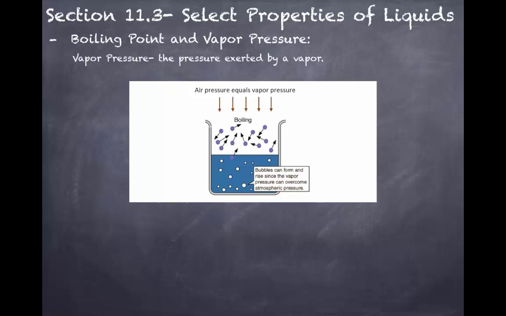So for example, water, which has strong hydrogen bonding for its intermolecular forces, has a very high boiling point. It has a boiling point of 100 degrees Celsius. If you looked at other substances, for example, alcohol or certain oils, their boiling points are much lower than that of water. And the reason why is because of intermolecular forces. Water has very strong hydrogen bonding and therefore has a much higher boiling point.